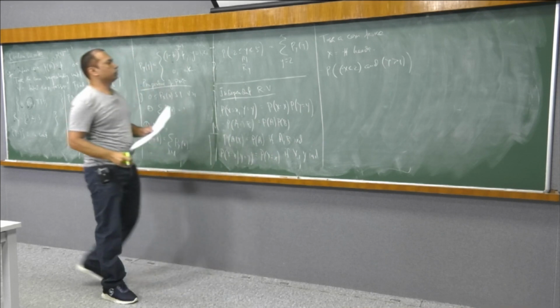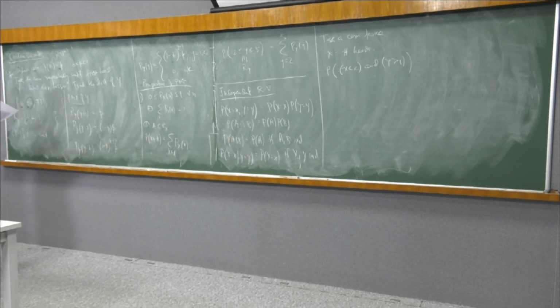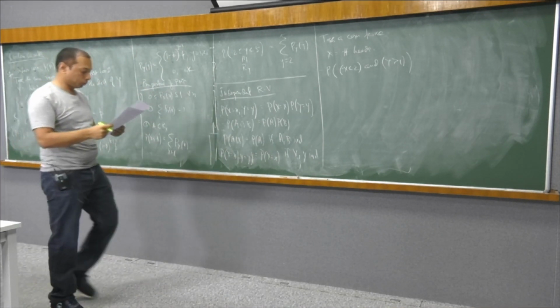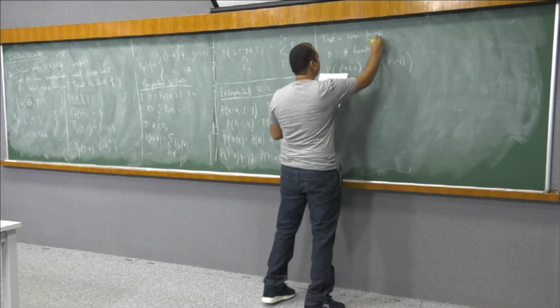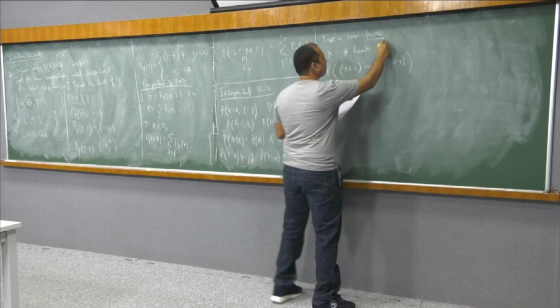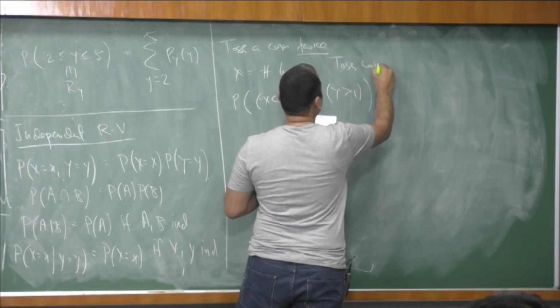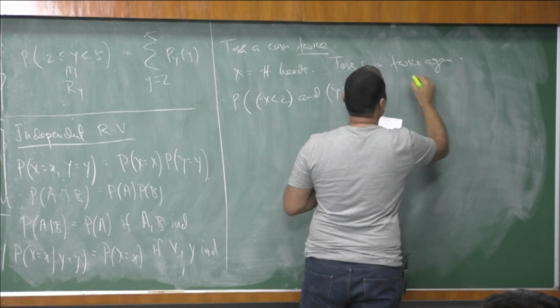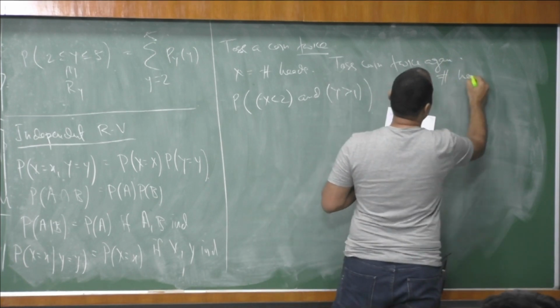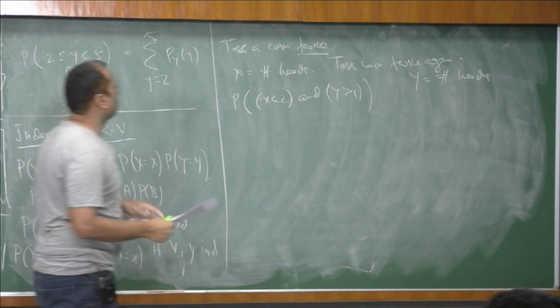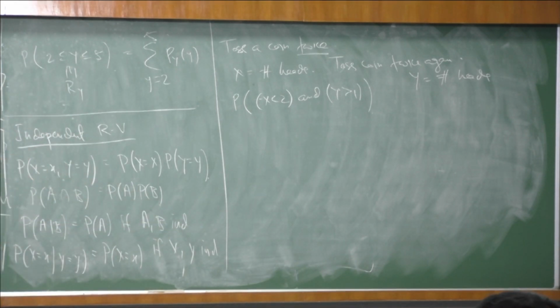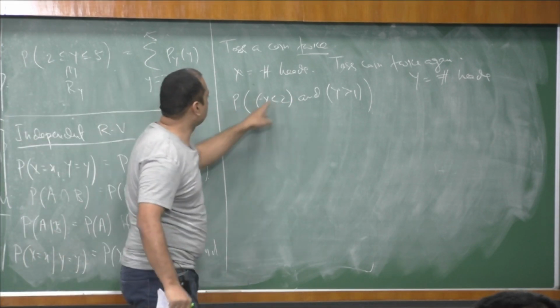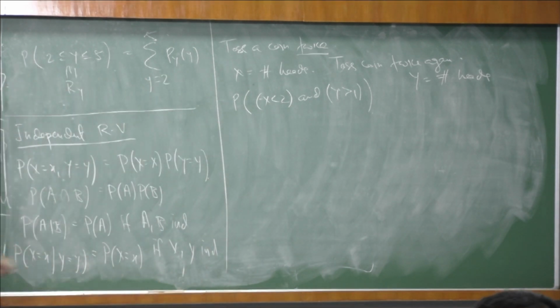Toss a coin twice, X is the number of heads, and then toss the coin twice again, and Y is again the number of heads. So this is the experiment. I toss a coin twice and count the number of heads, that's my random variable X. I toss the coin again twice, and Y is the random variable number of heads. Then you're supposed to find the probability that X is less than 2 and Y is greater than 1.